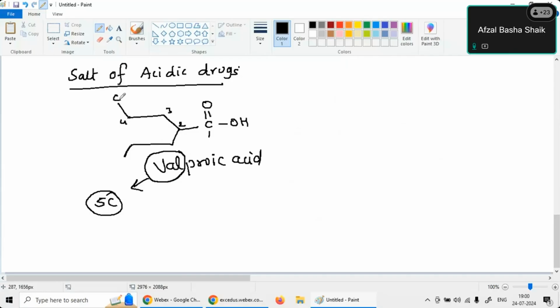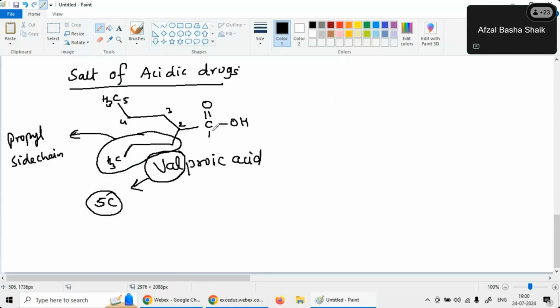Whenever we don't write something here, that means there is a methyl group. So there are 5 carbon atoms. And here 1, 2, 3: this is a propyl side chain, right?